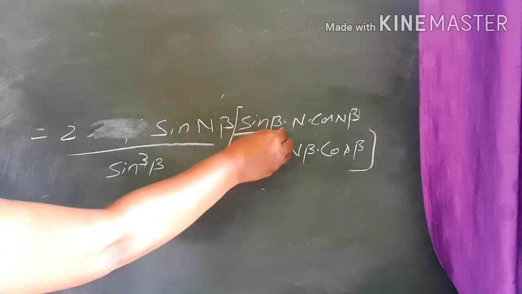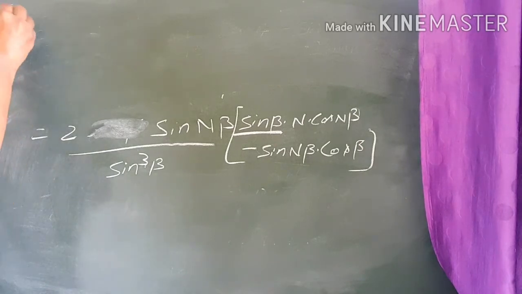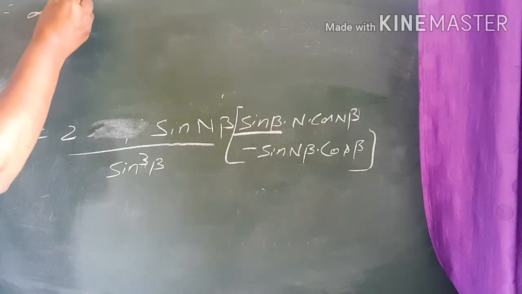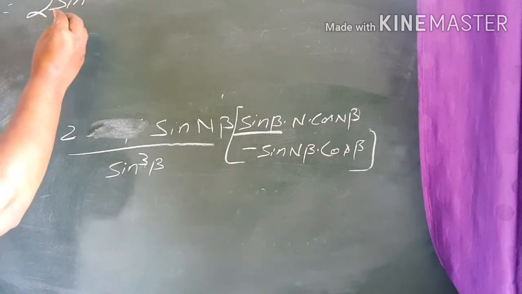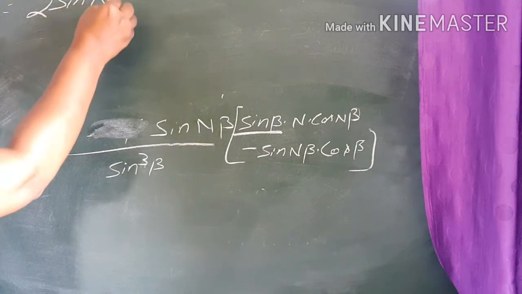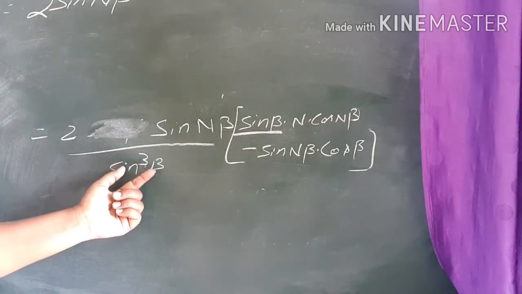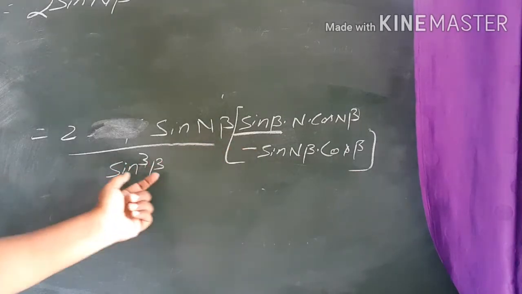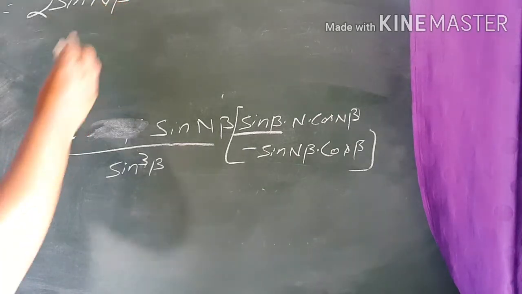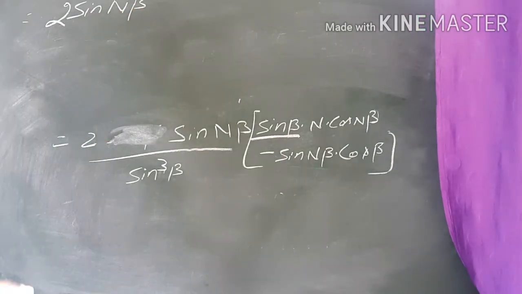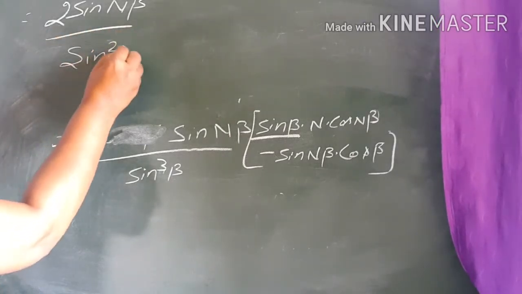Again putting this outside the bracket, sine n beta, we have 2 sine n beta. Okay, by multiplying 1 by sine beta inside, we have sine n beta by sine square beta.